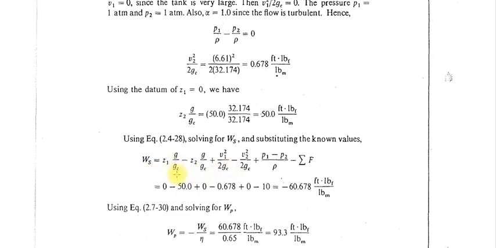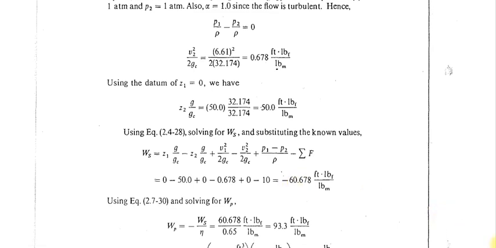In British unit you have to divide g by gc, and here also gc will come. That you have to remember. So you just substitute the values. Sigma F is given here. Once you substitute the values, it will come to minus 60.678 ft lbf per lbm. So this is the unit of the energy. So 60.678 is the mechanical energy requirement for the system.